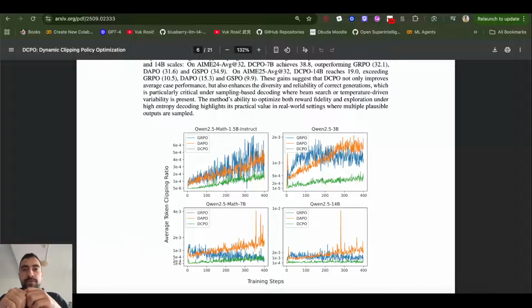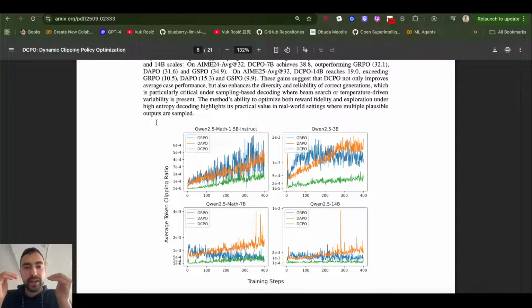But we don't want that to happen. So for common tokens that are already good, already common and expected, we want to just clip their change. We want to stabilize them. And we want to allow rare tokens to change probabilities a lot more.